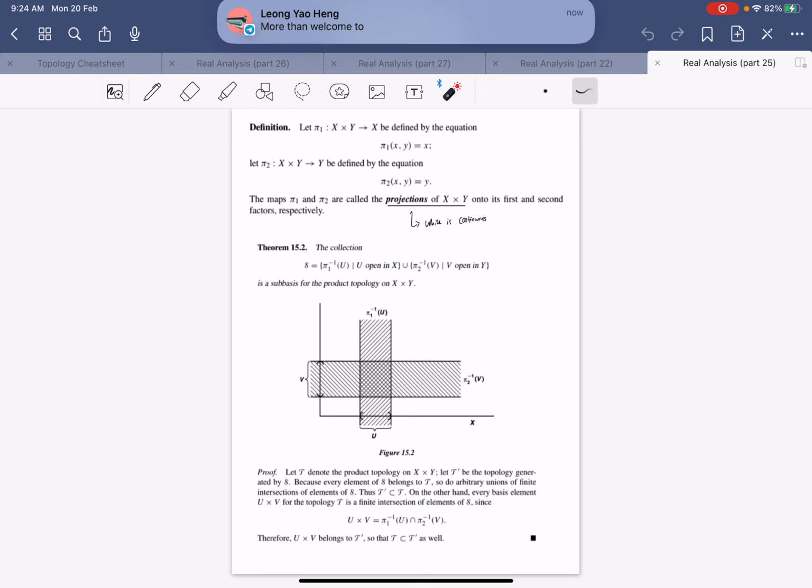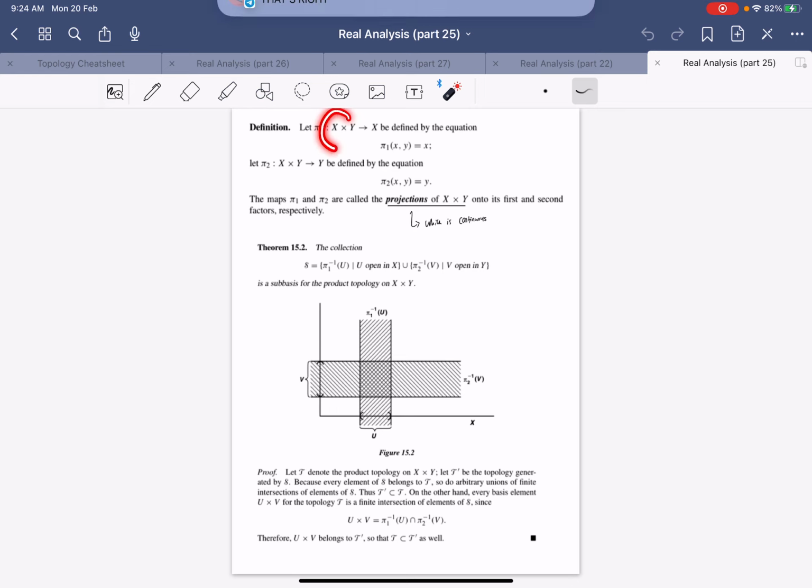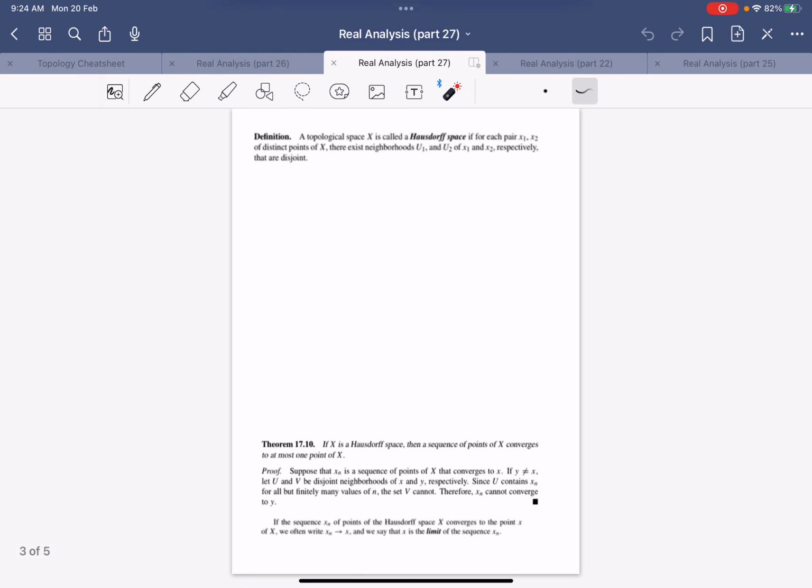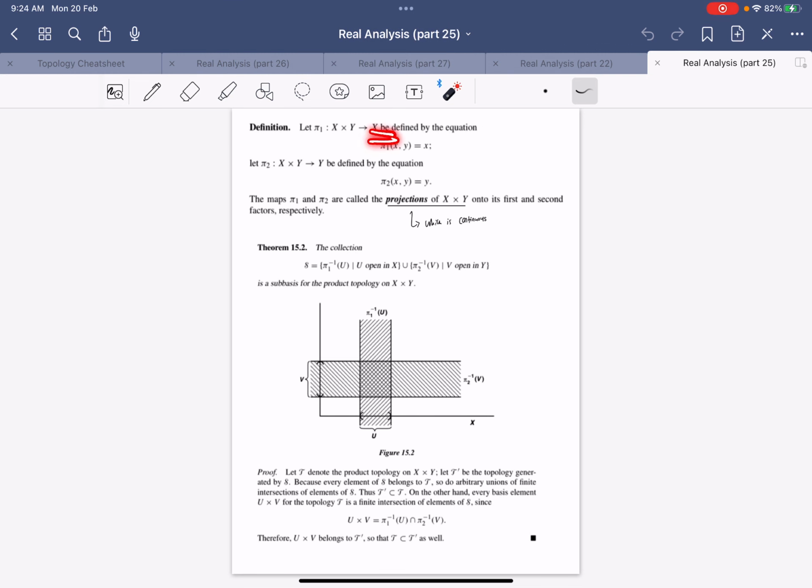And so now we want to define the projection map, which is basically from X cross Y, we want to go into X. So we are given a coordinate, we just want to take the X coordinate.